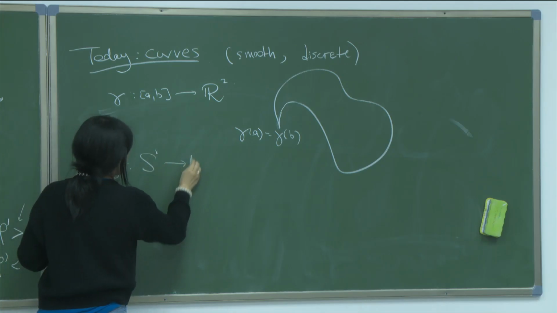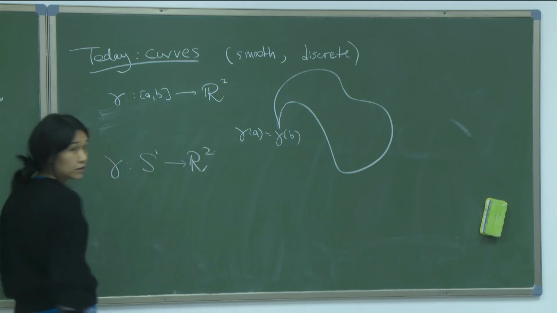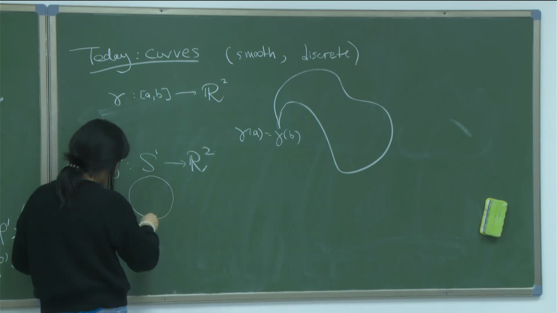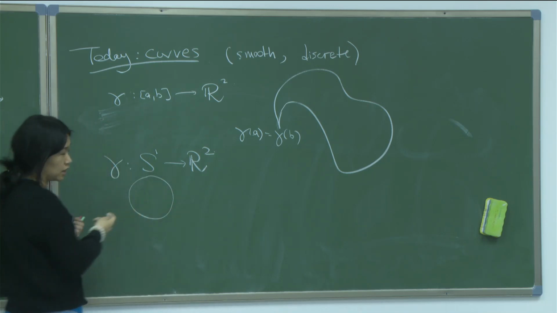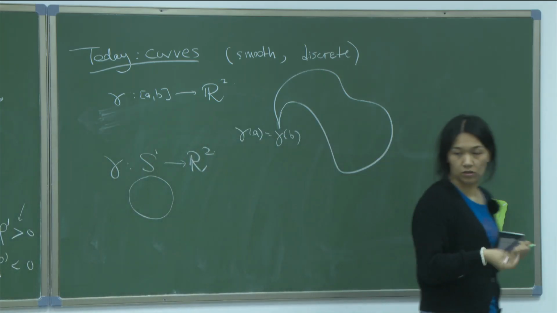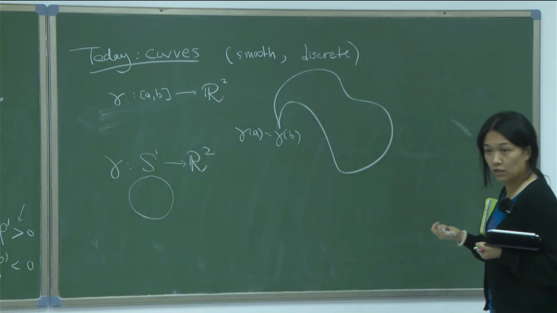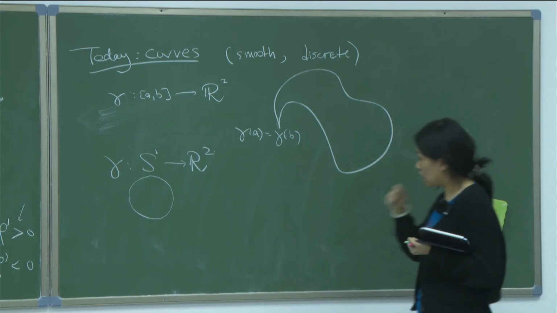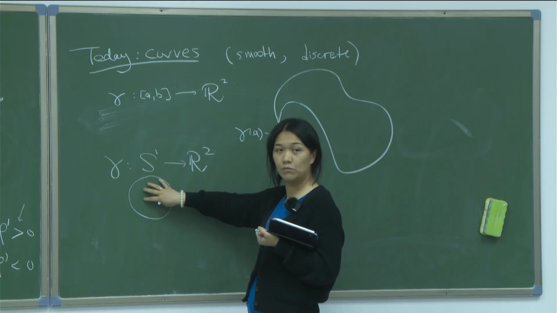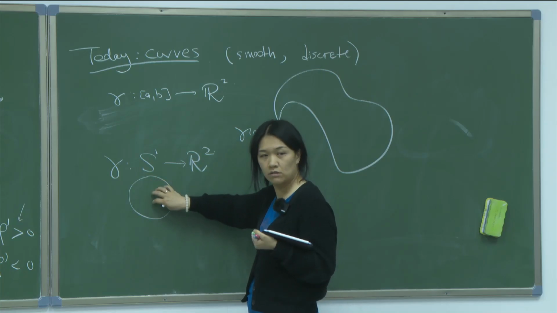Because S1 is a circle, which is smooth everywhere. It is the only example of a manifold you ever need, basically, because that's the reason to define a manifold.